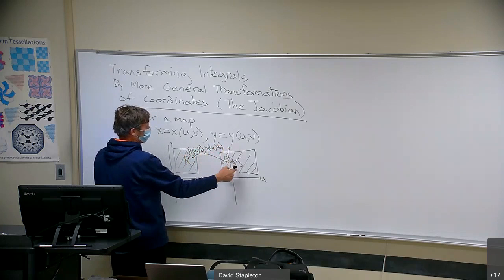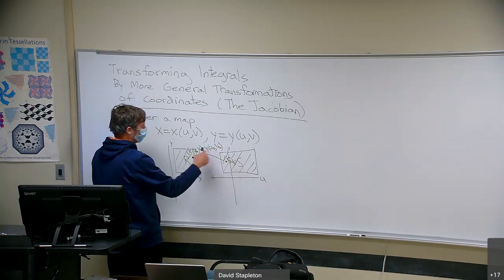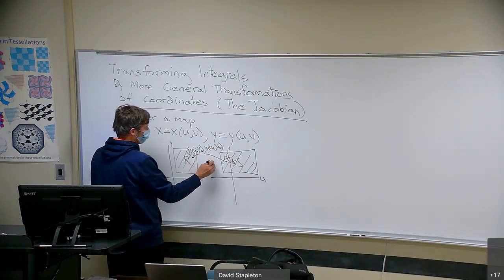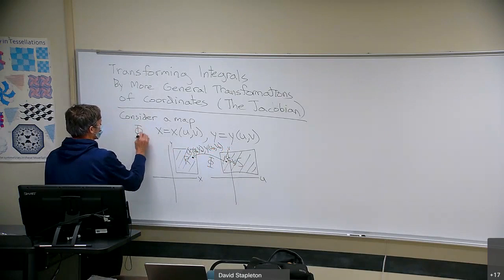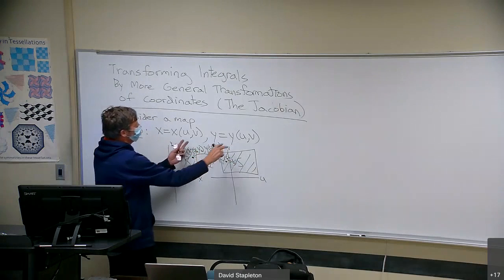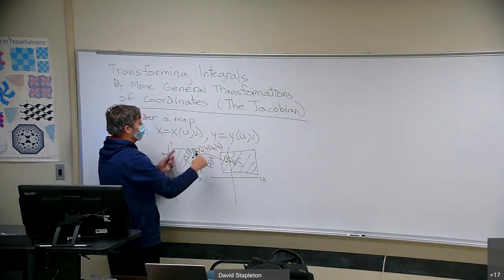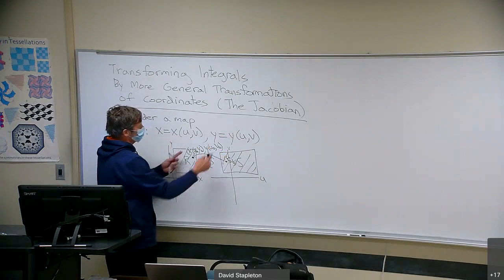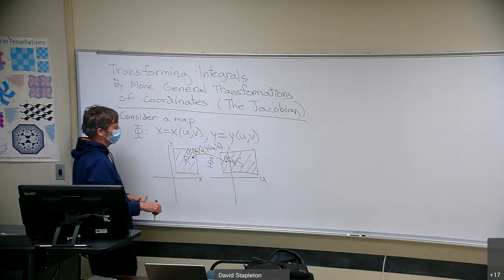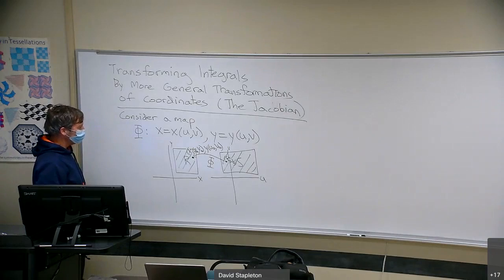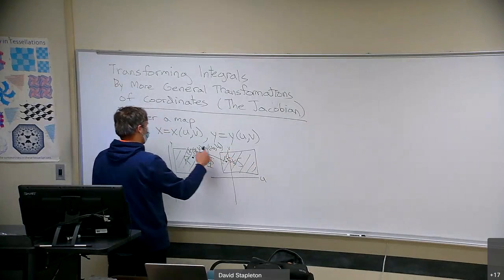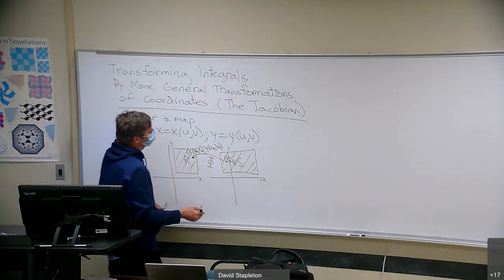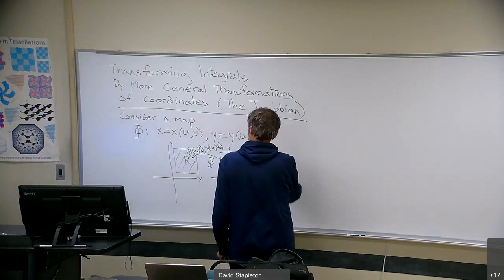And so this is a map from points here to plane points here. We can call it phi or something, in which case then we say consider a map or a function phi that you input a point in the plane and get out a point in the plane. So it's a function. It's just giving you the two coordinates instead of one. And if it takes the points in here and maps them onto the points over here in a nice way, then we can transform our integrals.